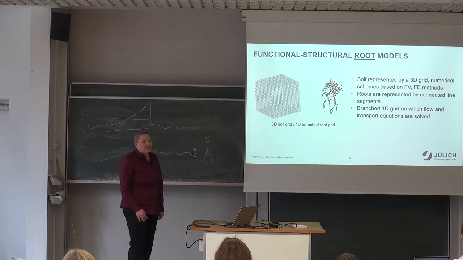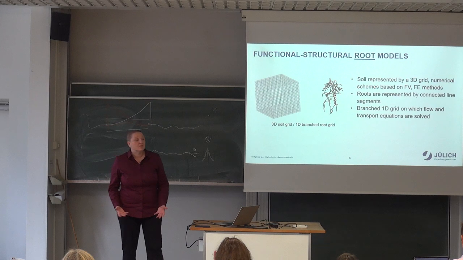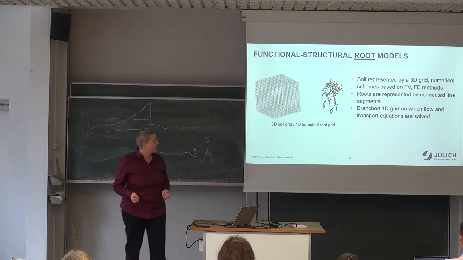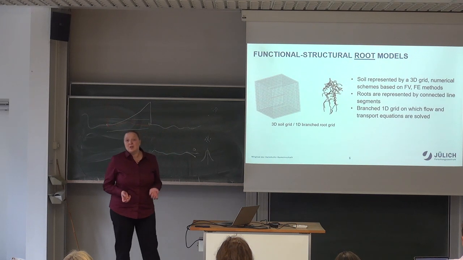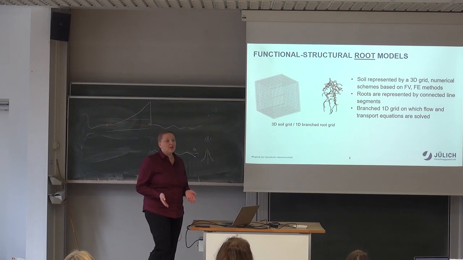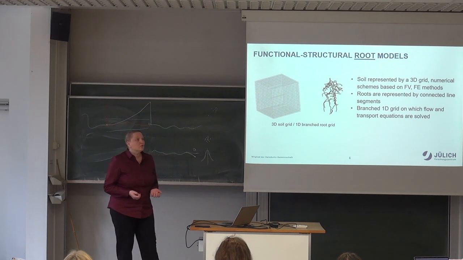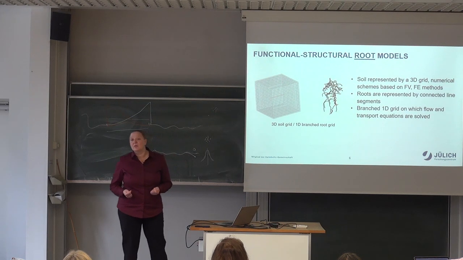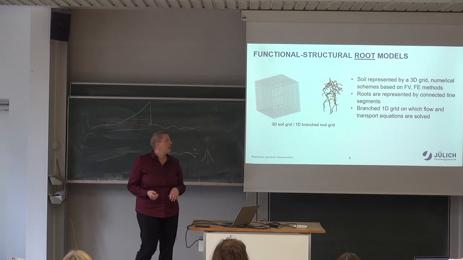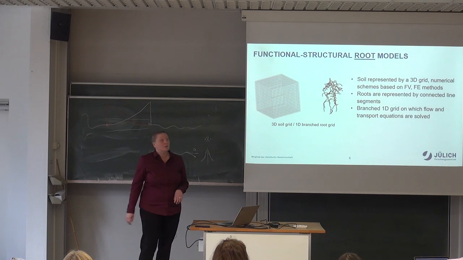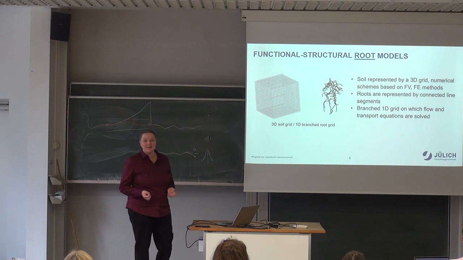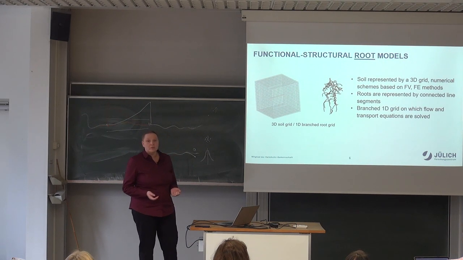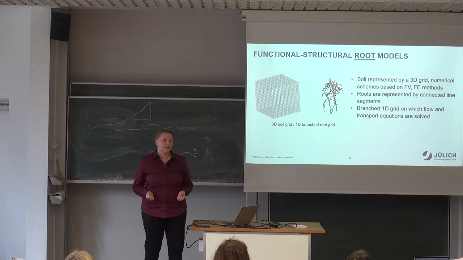Usually in this situation we have a soil which is a three-dimensional domain, represented by some numerical grid, and we solve partial differential equations that describe, for example, water flow and nutrient transport in the soil with numerical schemes such as finite volume or finite element methods. The roots are represented also in this system by connected line segments, and we have a branched 1D grid on which we solve the flow and transport equations.